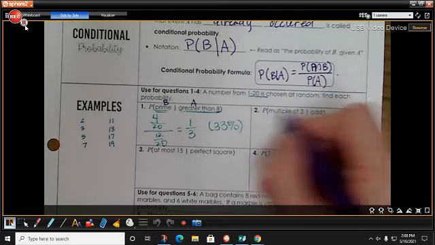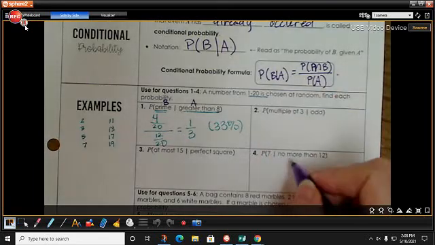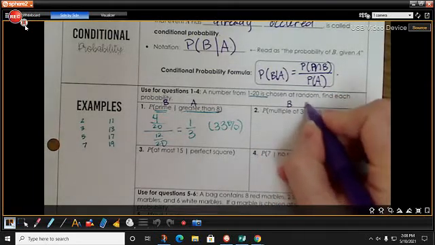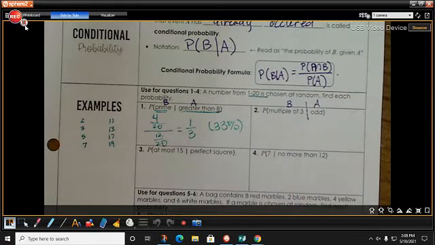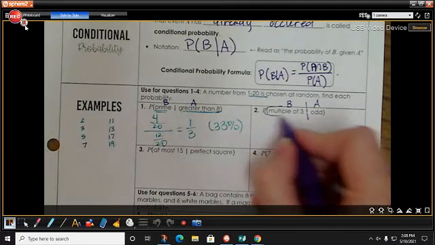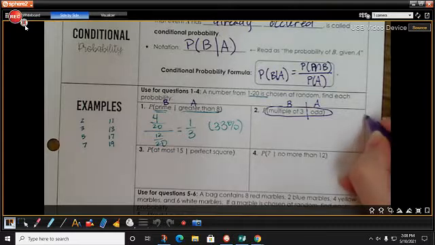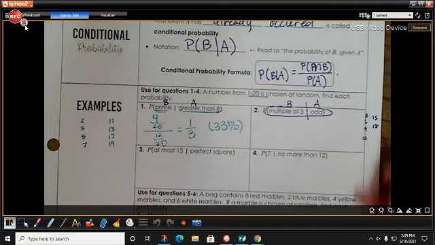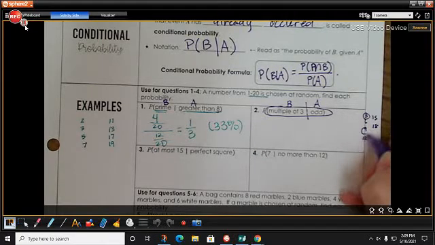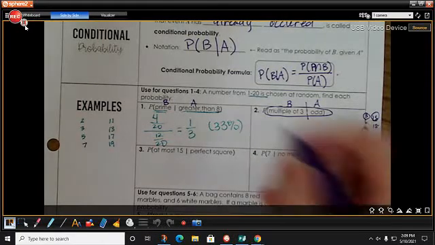For number 2, I'm looking for the probability of getting a multiple of 3 given that I'm looking at odd numbers only. First I look for the probability of being an odd multiple of 3. My multiples of 3 are 3, 6, 9, 12, 15, 18, and the odd ones are only 3.